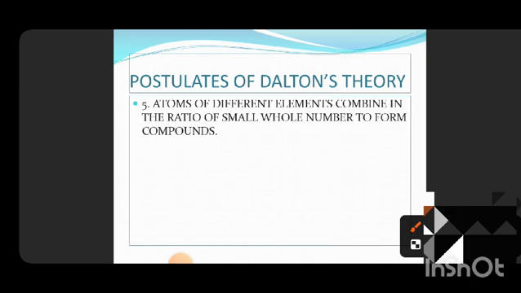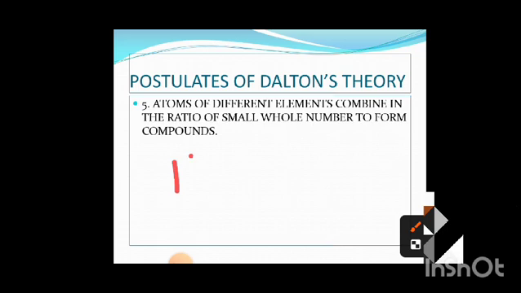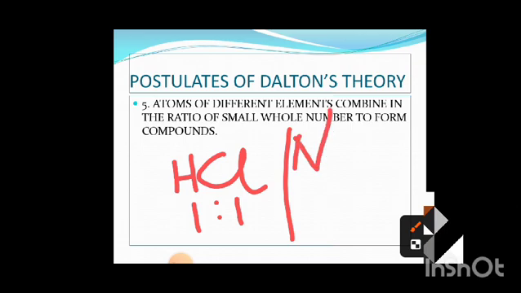We are always looking at compounds which have a very small ratio, like HCl, which is one atom of hydrogen and one atom of chlorine. Similarly, Na2CO3, an ionic compound, has two atoms of sodium, one atom of carbon, three atoms of oxygen. So this ratio is always smaller whole numbers.